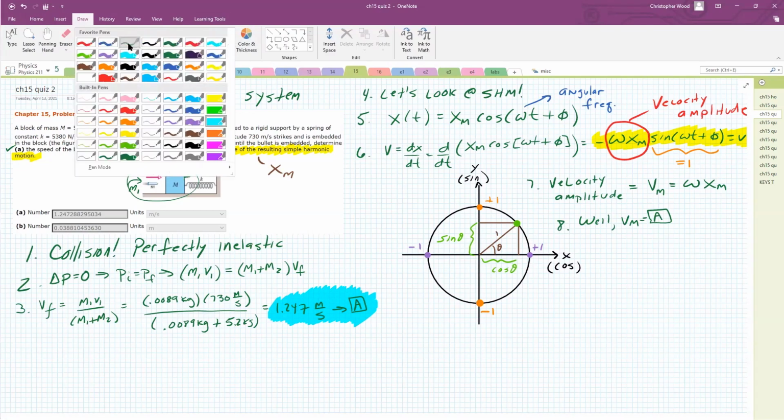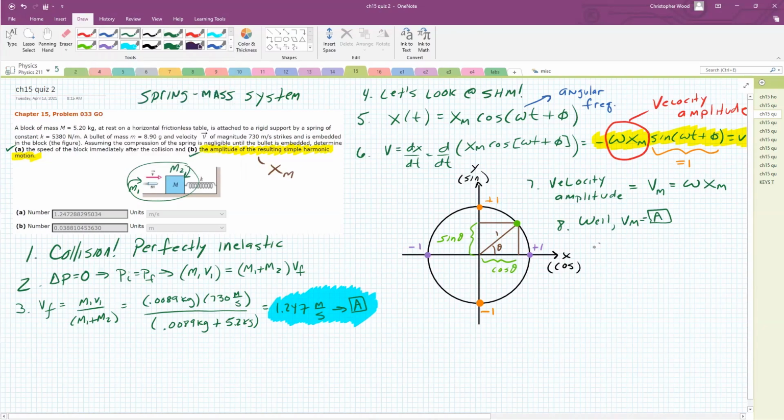Number 9. All right, so velocity amplitude equals calculator memory location A, and through all of this, step 5 and 6 in my unit circle diagram says that also equals omega X sub M. So number 10, here's the displacement magnitude.